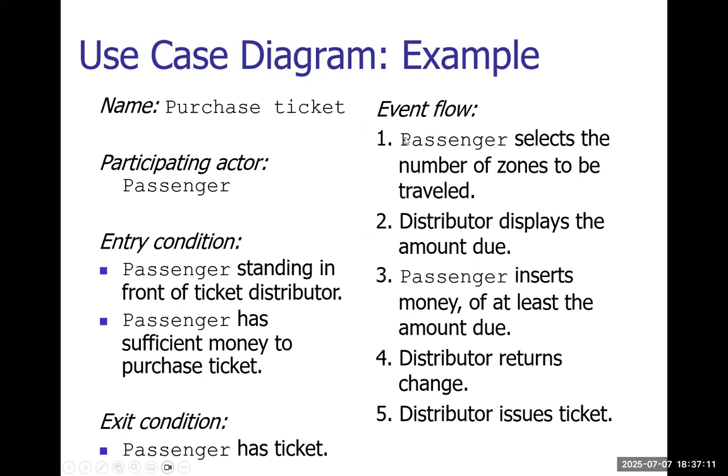From here you can see that this event flow just describes one single usage, but doesn't show any exceptions. For example, what if the user chooses a number of zones and then just leaves? Would the machine just wait forever when the passenger already left? So this must be a timeout.